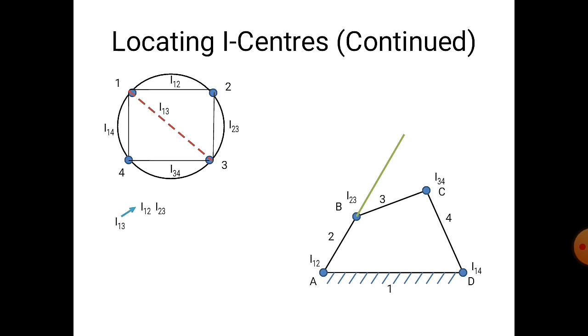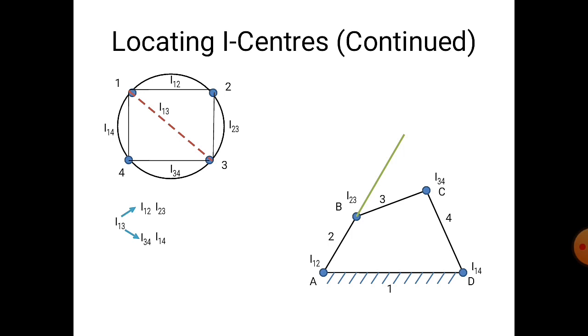Similarly, the other triangle which is formed is triangle 1, 3, 4. So the three sides of this triangle are I13, I14 and I34. So according to Kennedy's theorem, the eye centers I13, I34 and I14 will lie on the same straight line.